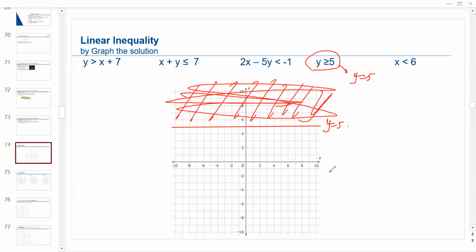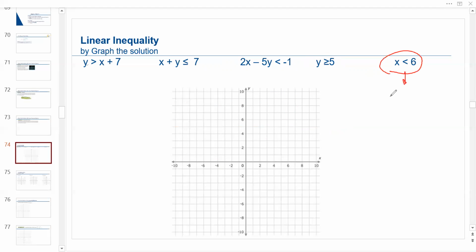All right. So let's see this one. First, we change it to x equals 6. So this is a vertical line, right? X equals 6 is right here. So x equals 6. X less than 6, so it's the left part, right? Left part.